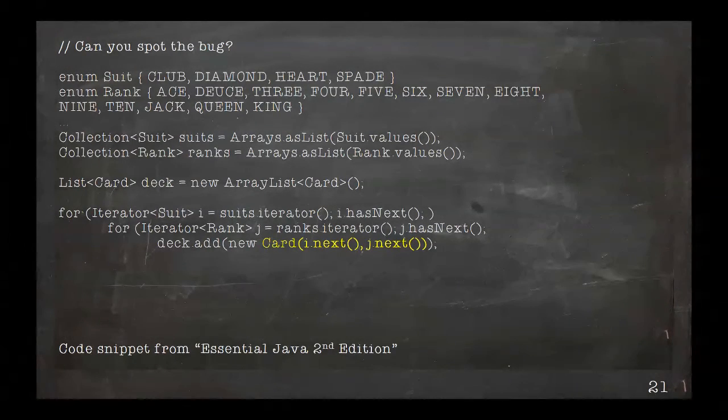So we've got the suits, we've got the ranks, and we want to iterate through it and for every suit and for every rank, create a card. Now here, because we go i++ and j++ together, it'll go club ace, diamond deuce, heart 3, etc., because it's incrementing both on every instance of the inner loop.